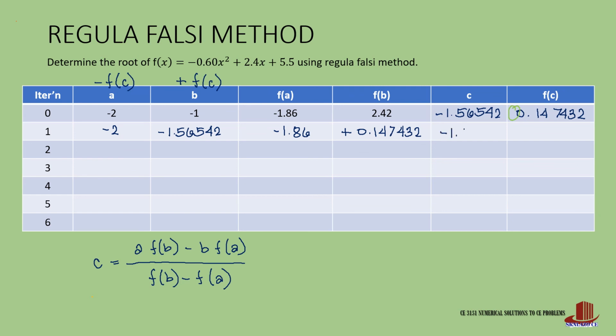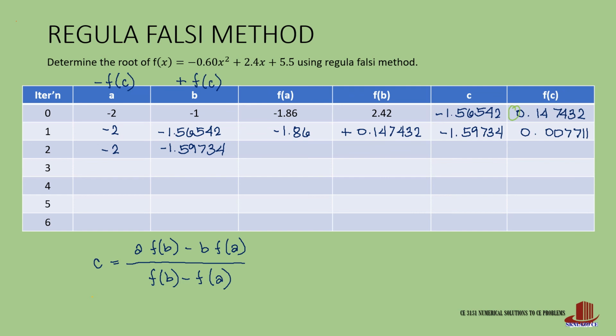Now plug a and b, f of a and f of b into c, and we get negative 1.59734. With this value, our f of c would turn out as positive 0.007711. Note that what we have with f of c is still a positive, which means that our lower limit negative 2 would remain, but the upper limit would change into negative 1.59734.